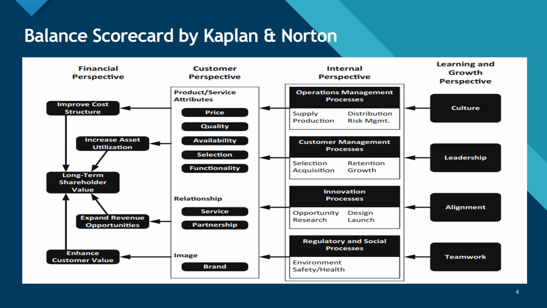And next would be the internal perspective, how the management sees it. Operation management processes have supply, production and distribution, and risk management. And the customer management process will have selection, acquisition, retention, growth, innovation process, and regulatory and social process. And the last one is the learning and growth perspective: culture, leadership, alignment, and teamwork.